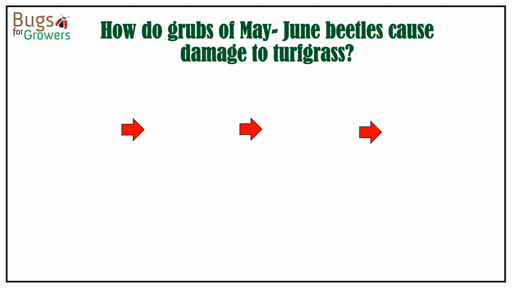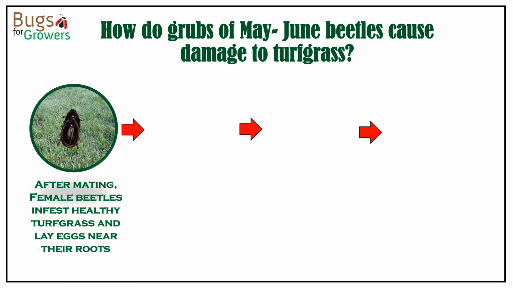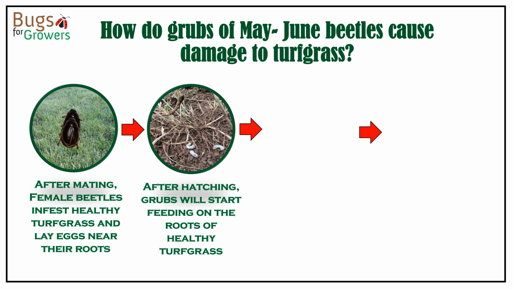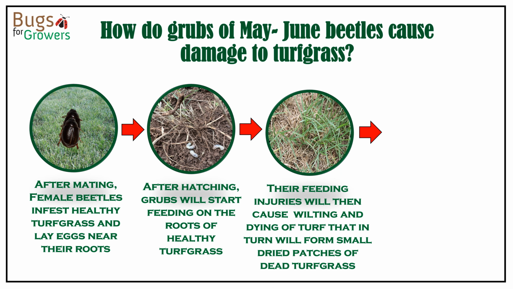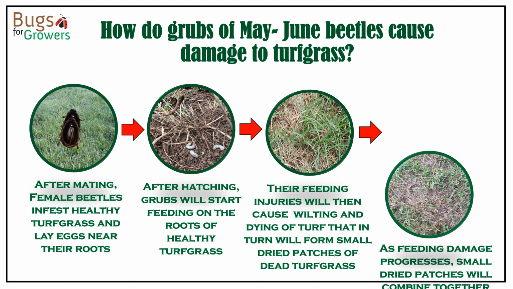So how can grubs of May and June beetles cause damage to turf grass? Generally, after mating, female beetles infest healthy turf grass and lay eggs near their roots. After hatching from eggs, small grubs will start immediately feeding on the roots of healthy turf grass. Their feeding injuries will then cause wilting and dying of turf that in turn will form small dried patches of dead turf grass all over the lawns or golf courses.